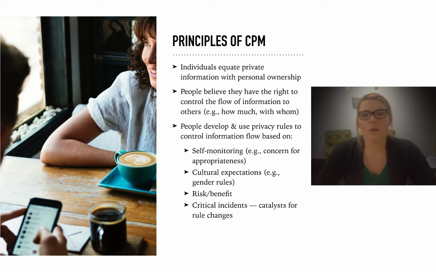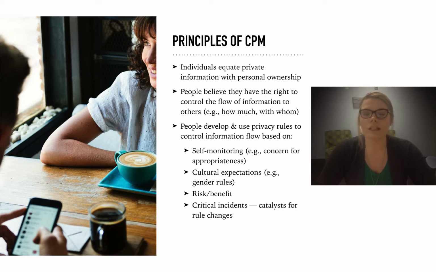We often develop and use privacy rules to control information based on a few different factors. First, self-monitoring. So, how concerned am I for the appropriateness of my disclosure? We've likely all experienced someone disclose something that seemed inappropriate for the time or the setting.